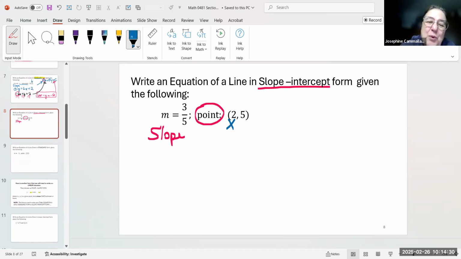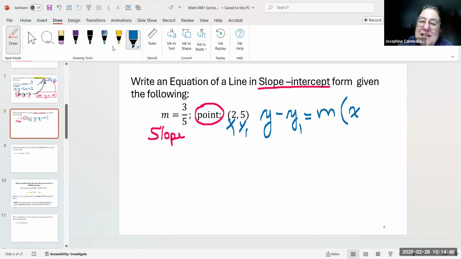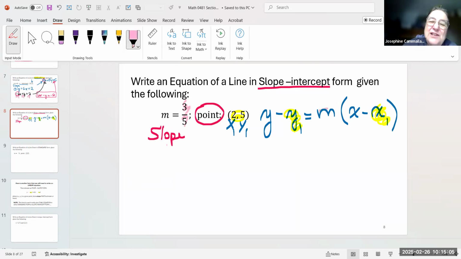This is my x1, y1 point, which means y minus y sub 1 is equal to m times x minus x sub 1. This point is going to fit right in those two slots. And my slope, which is a fraction, is going to sit right here.